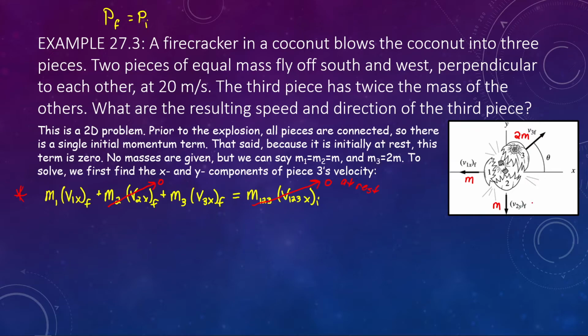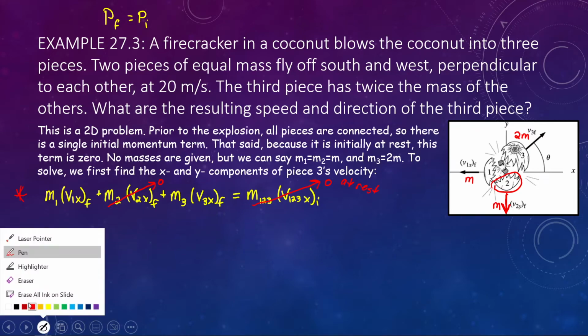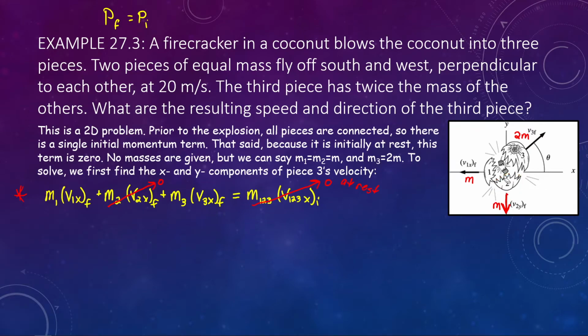In the x direction, horizontal direction, mass 2 here, this piece here, is moving straight down. It's only moving in the y direction. It does not have an x component. So as a result, it is 0 for this equation. So it has no x component. I'll write that here. No x component. So that middle term goes away.